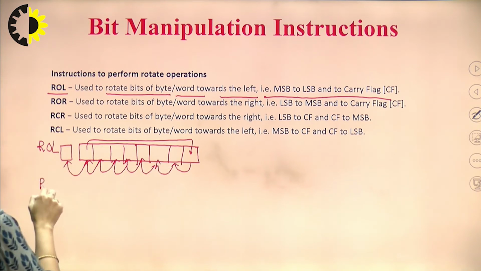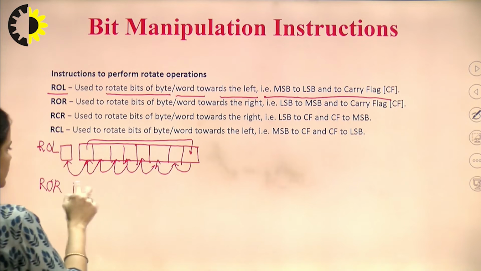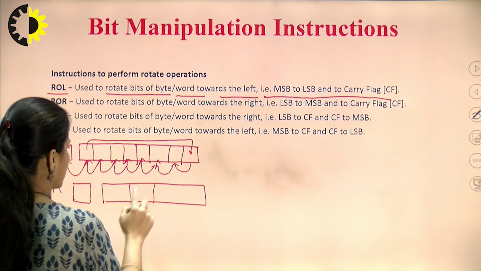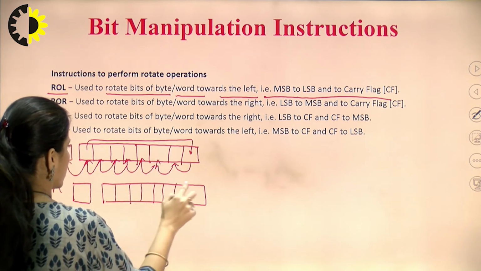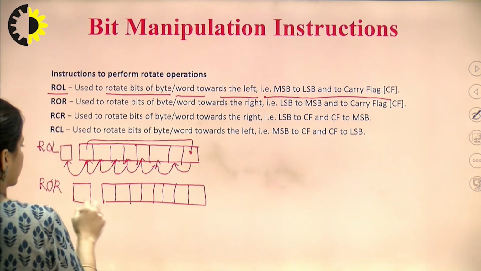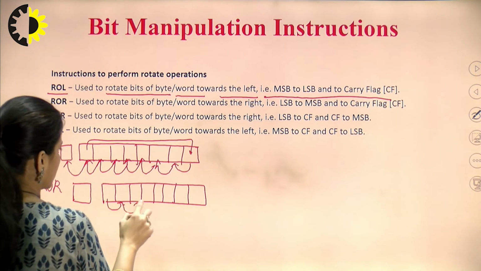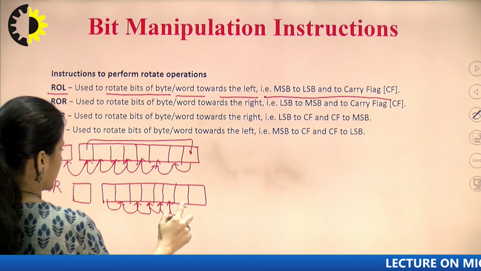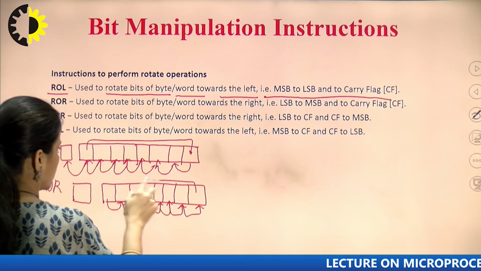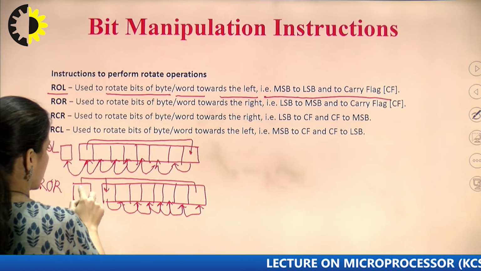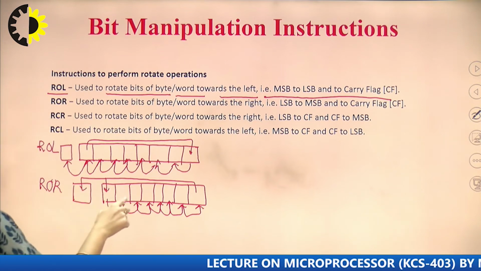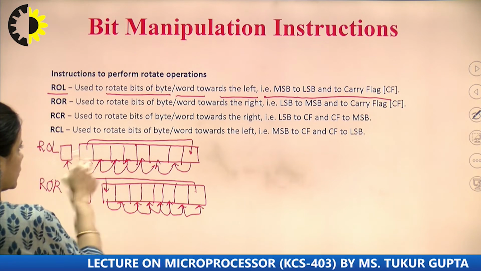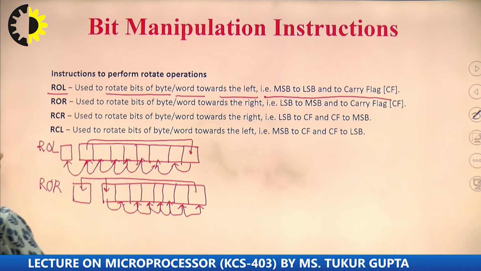Now in the next, ROR, after rotating the whole data, in the previous case the MSB was being copied to the LSB as well as to the carry flag.